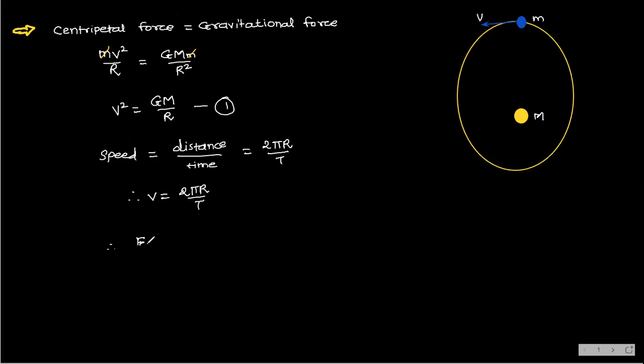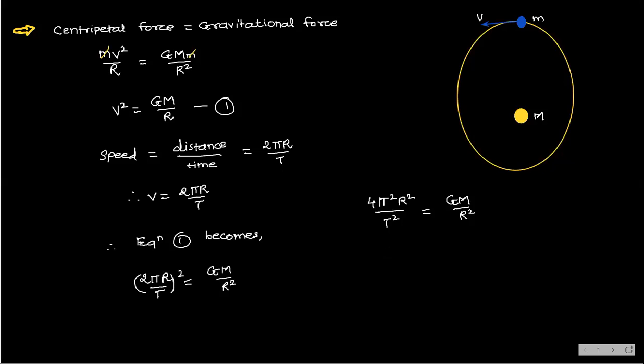Therefore equation 1 becomes (2 pi r by T) whole square is equal to GM by r square. And that is what you are getting: 4 pi square r square by T square is equal to GM by r square.